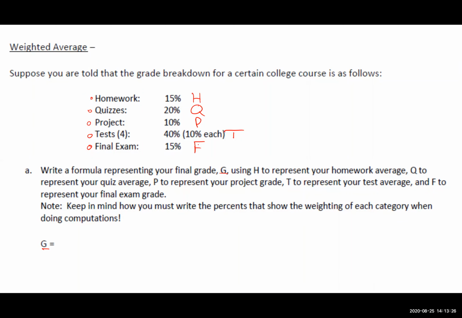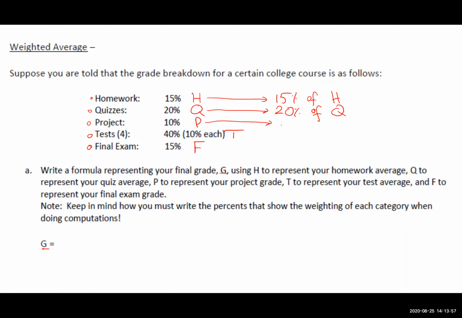We want to write a formula that's going to compute what our final grade is for all of these things. So really what we want is 15% of H, because H represents our homework average. What we also really want is 20% of Q. That's our quiz average.